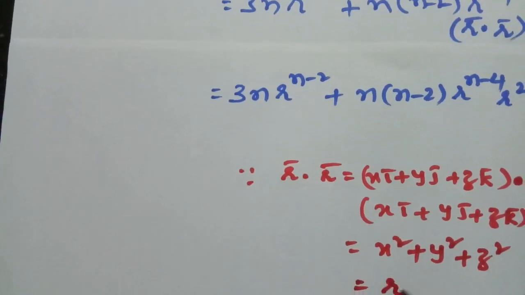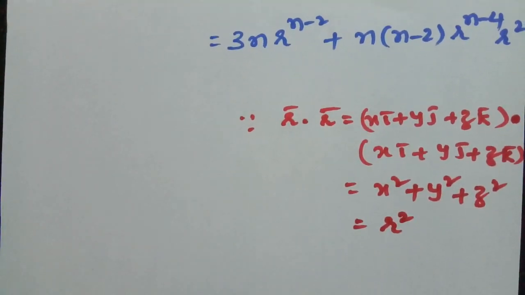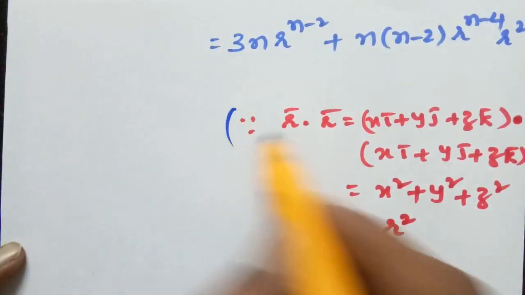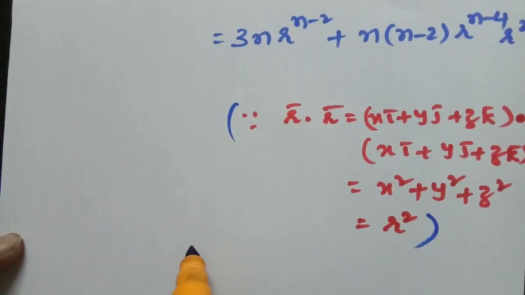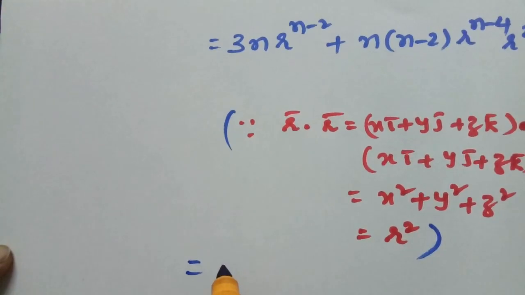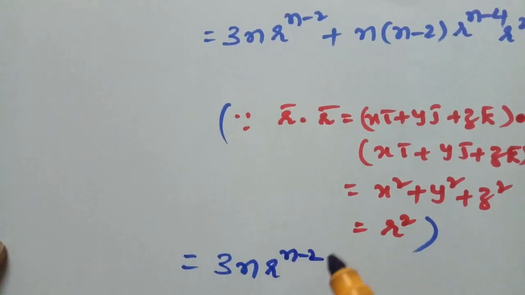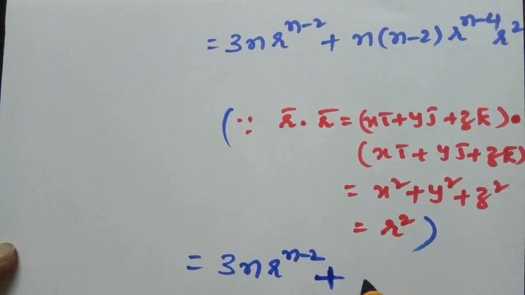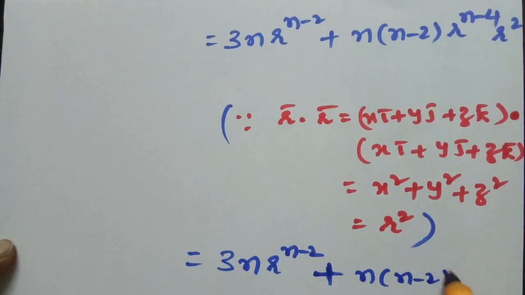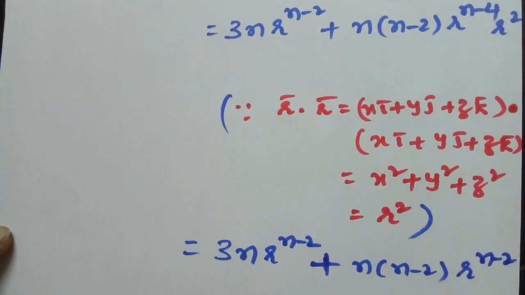This is exactly equal to r square. Therefore again this can be written as 3 into n into r power n minus 2 plus n into n minus 2 into r power n minus 4 plus 2, that means n minus 2.